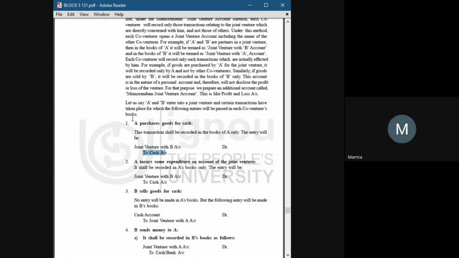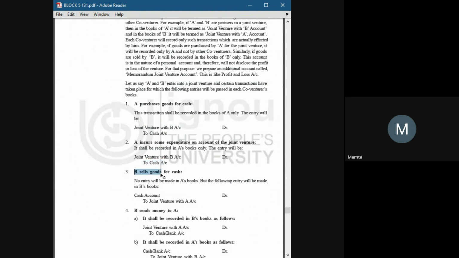If B has purchased some goods for cash, the entry would be joint venture with A account debit to cash account. Second, A incurs some expenditure on account of joint venture, meaning joint venture with B account debit to cash account. B sells goods for cash, cash account debit to joint venture with A account.